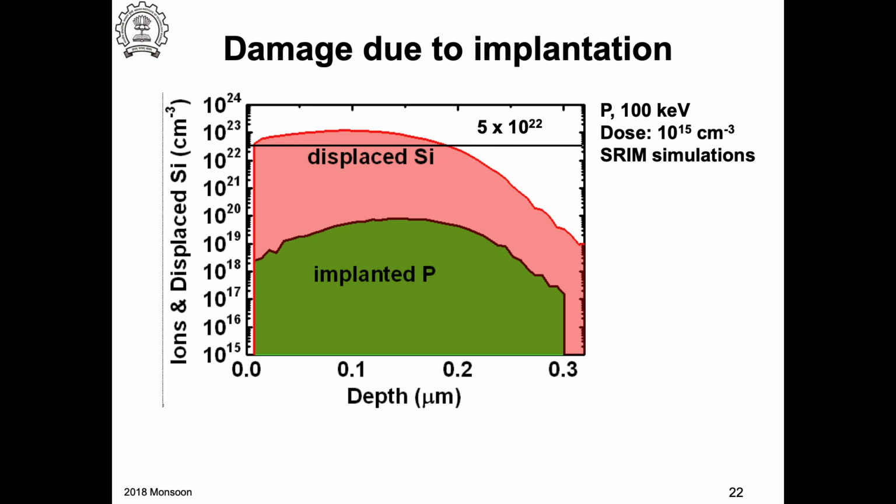It can also happen that you dislodge an atom from its crystal lattice position, and then another ion comes and hits it and puts this silicon back into a crystal site. So this is possible. You create damage, but some of the damage can also get annealed during the implantation process.